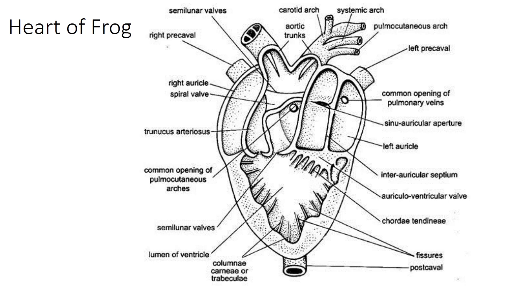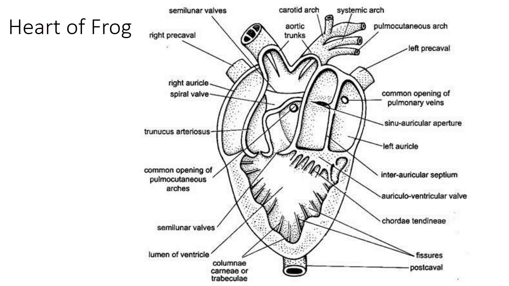The auricle opens into the ventricle by means of the auriculoventricular valve, and the ventricle opens out by means of three semilunar valves, which prevent backflow of blood from the truncus into the ventricle. They open out into the truncus arteriosus.